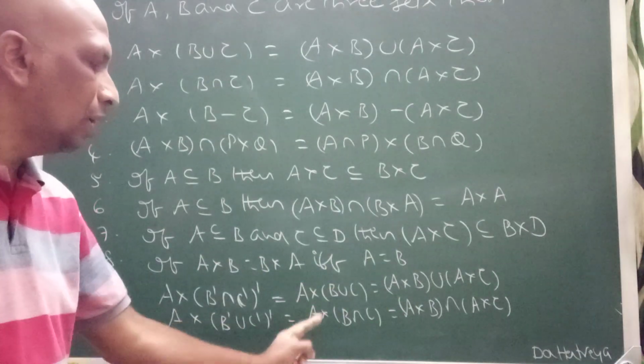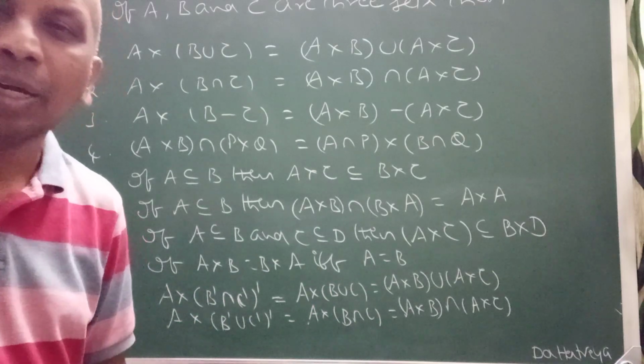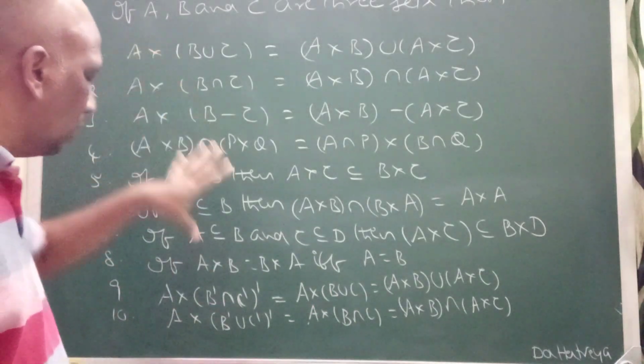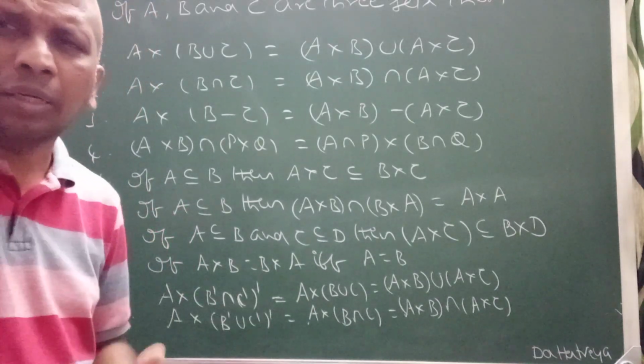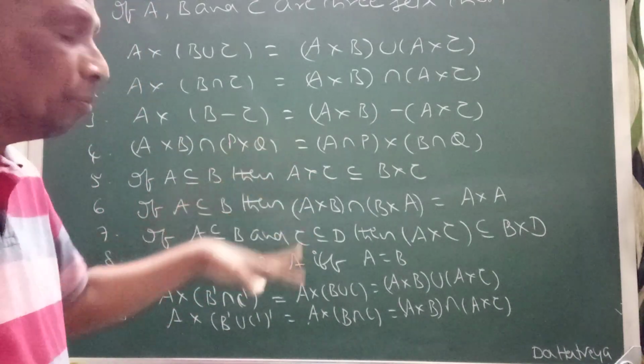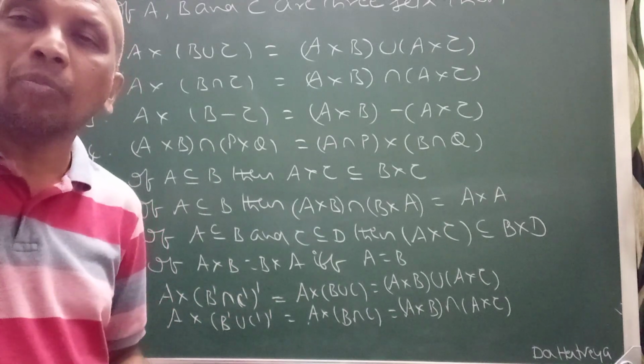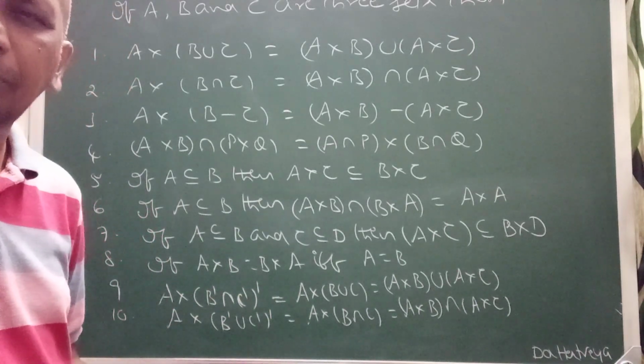So now you can expand it as (A cross B) intersection (A cross C). So these are the main 10 properties you should remember when you are doing relations, so that you can solve problems quickly in entrance exams.